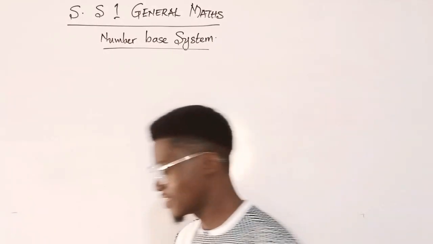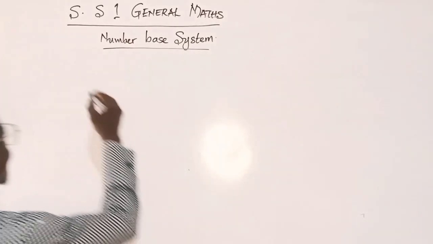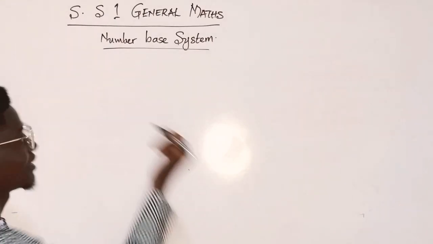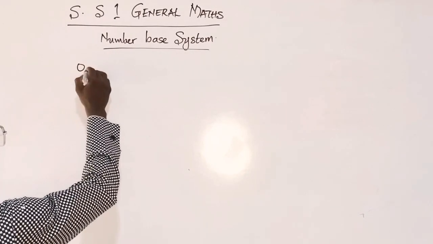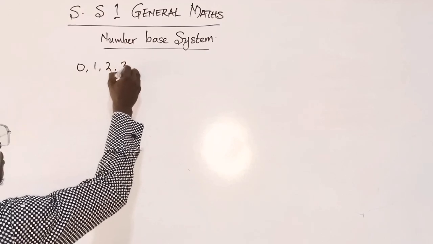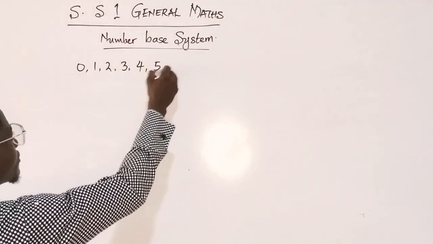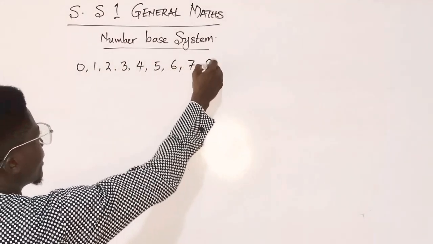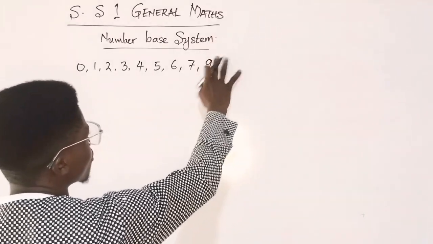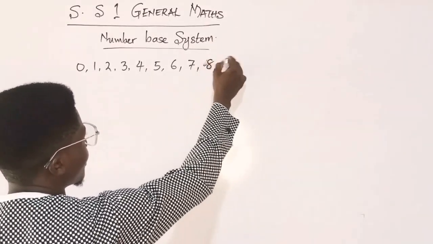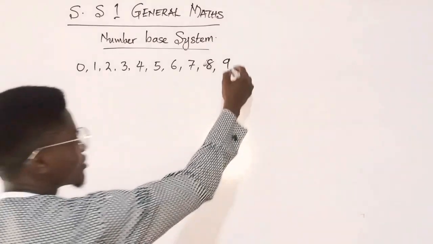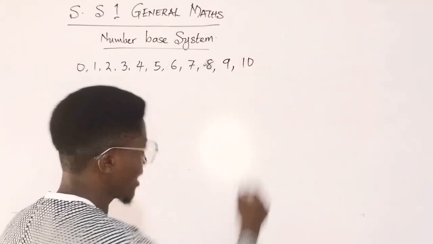But if you notice, when we started counting, we started with 1, right? Now let's say we start with 0, 1, 2, 3, 4, 5, 6, 7, 8, 9, 10, and so on and so forth.